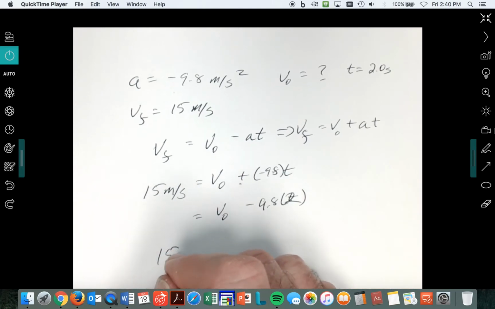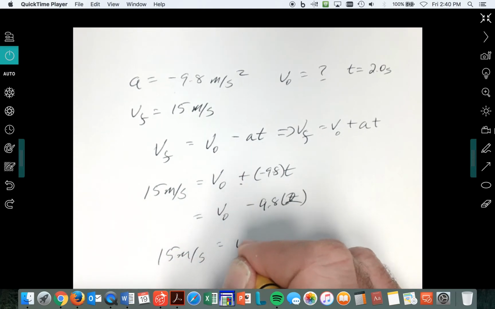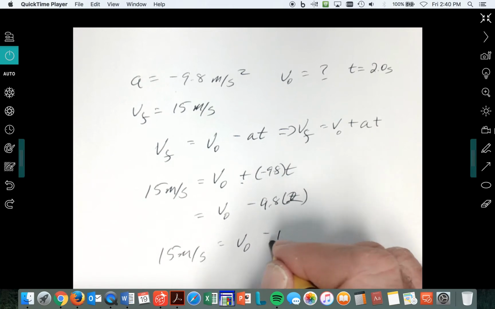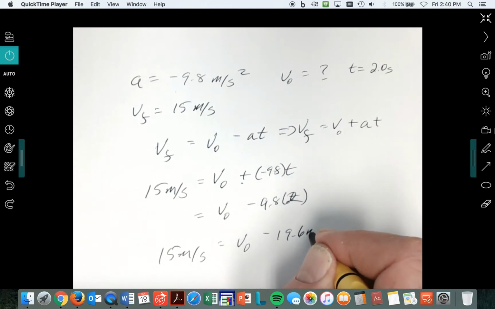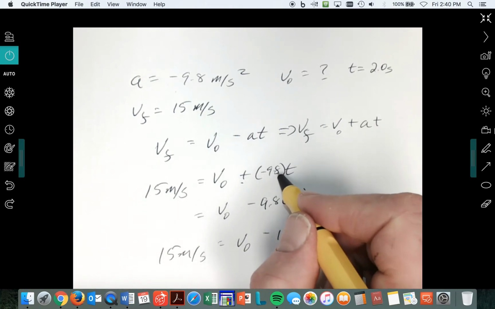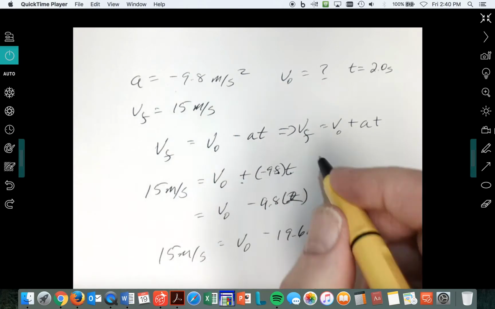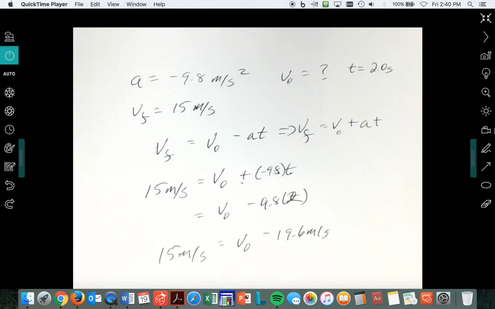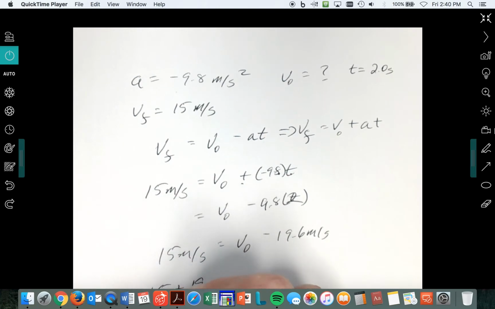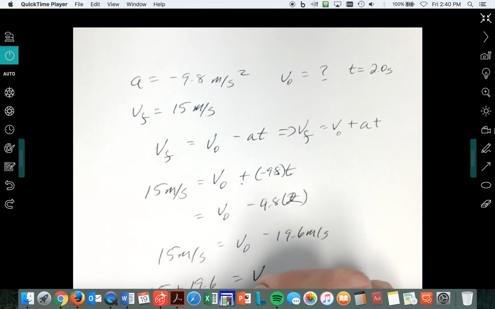So I got 15 meters per second is equal to V naught minus 19.6 meters per second. Because look, this is meters per second squared times the time, so one of those seconds drops out, gets canceled. So it's 15 plus 19.6 equals V naught.